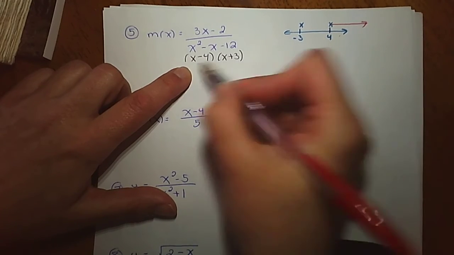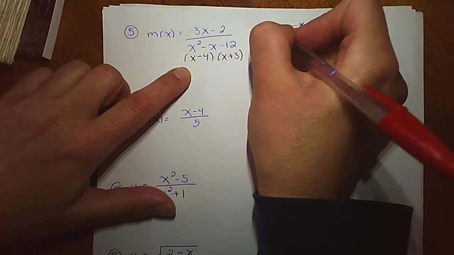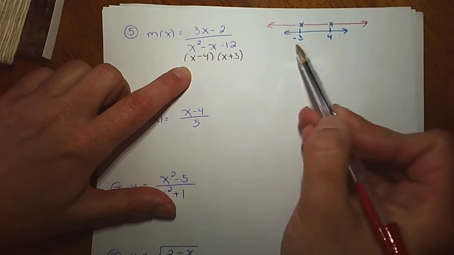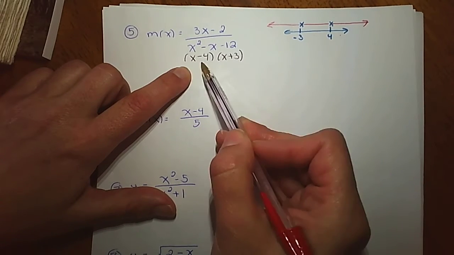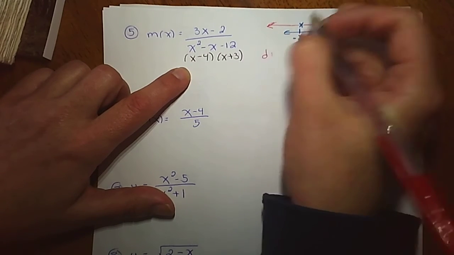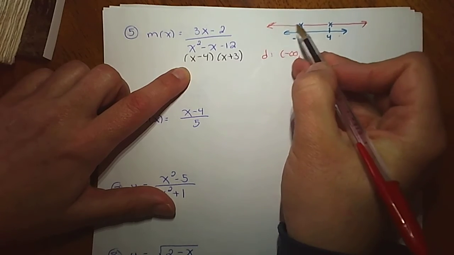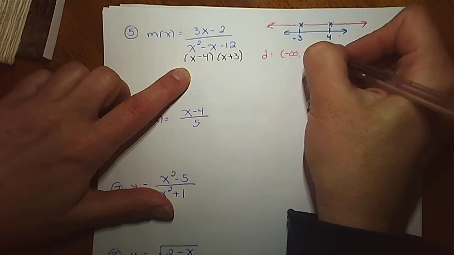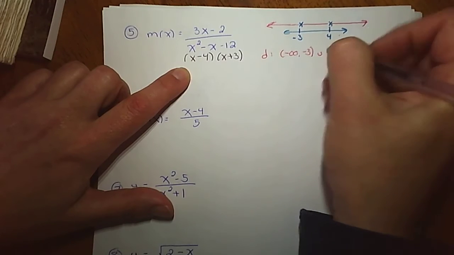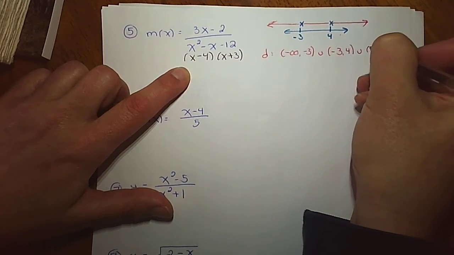You could plug 0 in, right? And you could go below it. So in this situation, the only things that are going to ruin it are the 2 things that make the parentheses 0. So this domain now, down forever, means from negative infinity to -3, so we have that interval, or anything between these guys would work, or 4 and up.